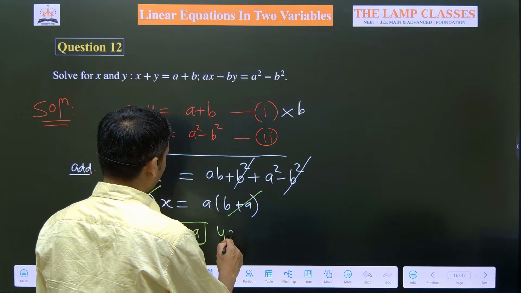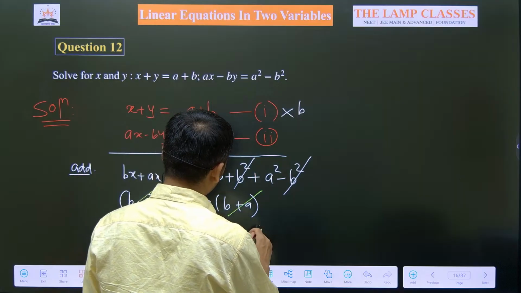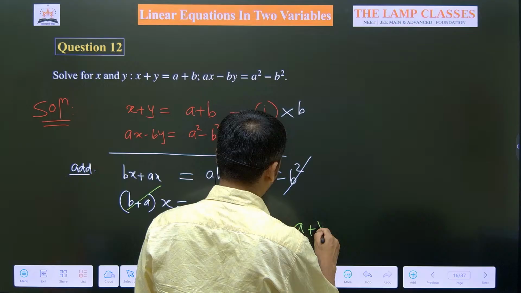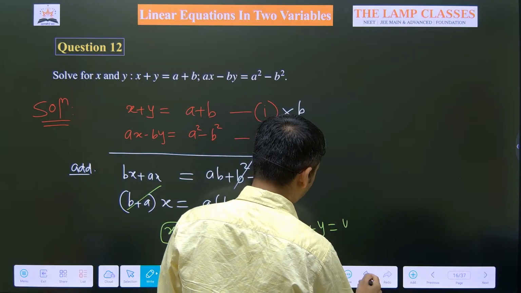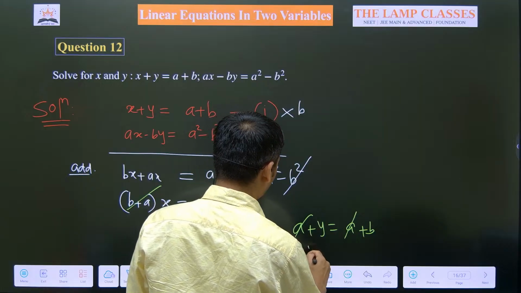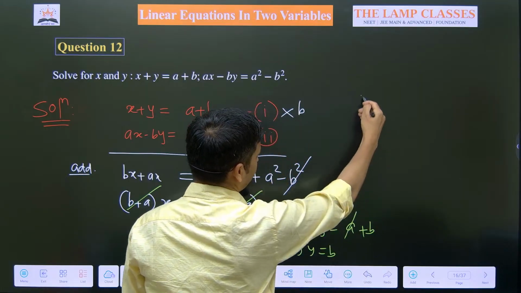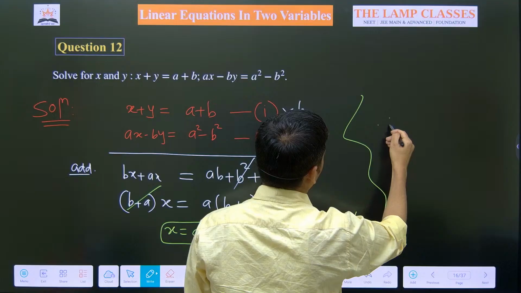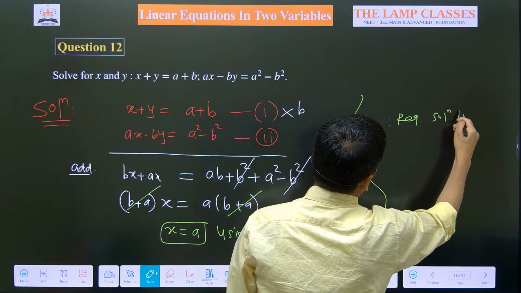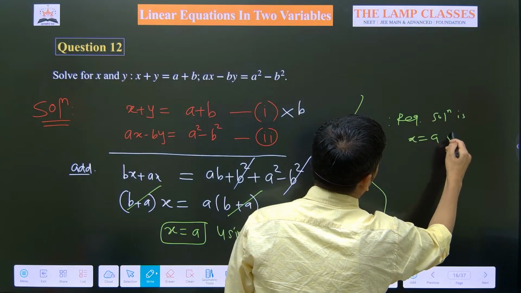Now you can use any one of the equations. Using one we can get y, right? So a plus y is equal to a plus b. Cancel this a, we have got y is equal to b, and then we can write the conclusion. Therefore the required solution is x is equal to a and y is equal to b.